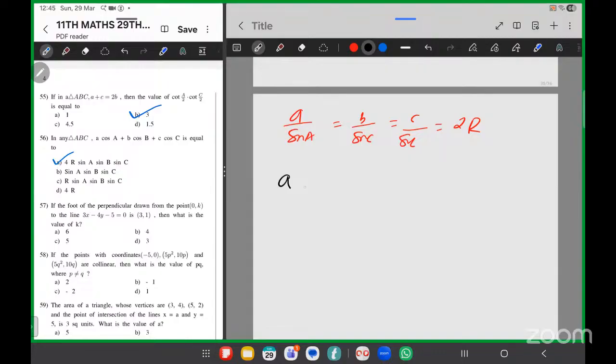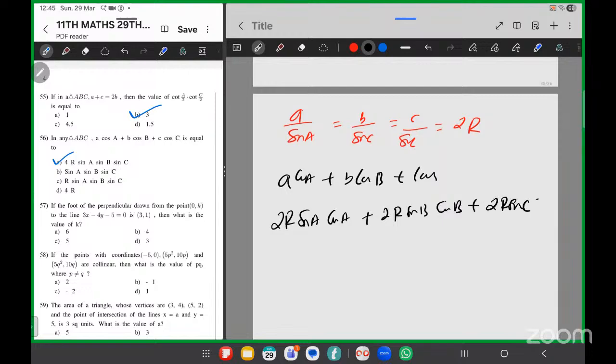So a cos A plus b cos B plus c cos C becomes, instead of a you can put 2R sin A, 2R sin A cos A plus 2R sin B cos B plus 2R sin C cos C. R is common. It will become R into sin 2A plus sin 2B plus sin 2C, since 2 sin A cos A is sin 2A.